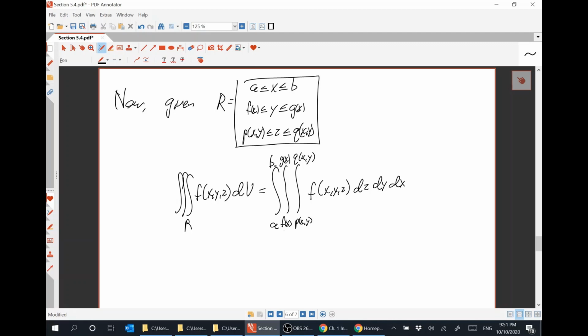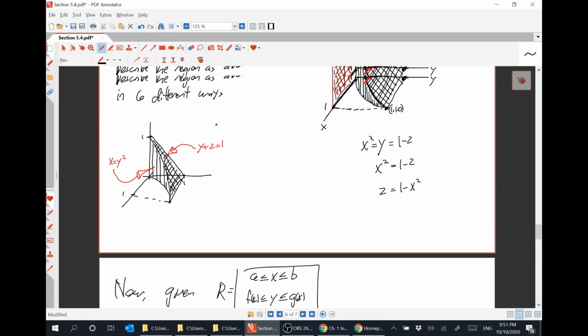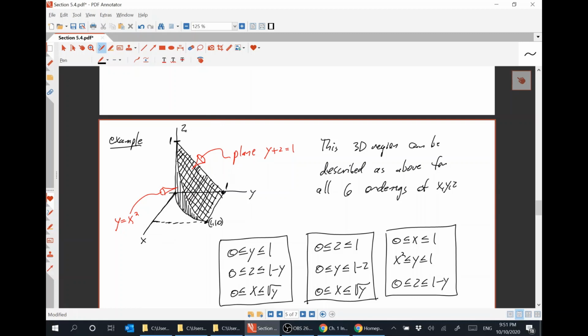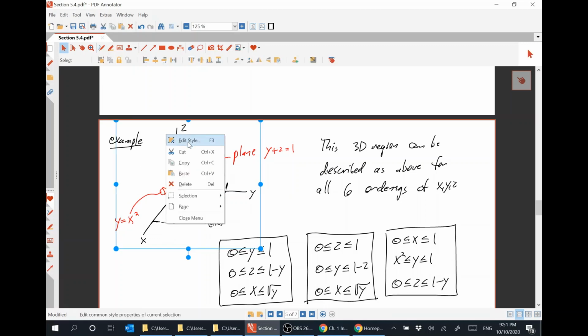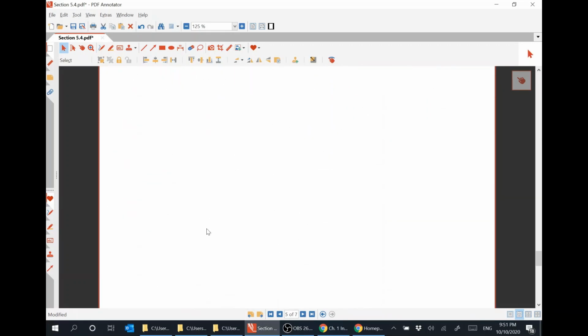So let's calculate for that same region, this one here.